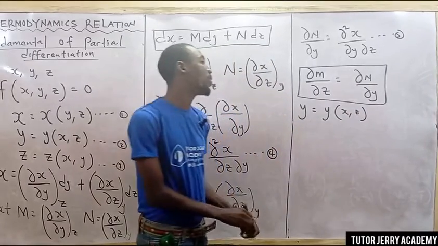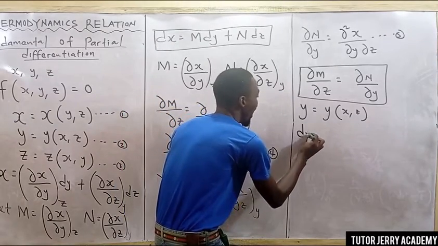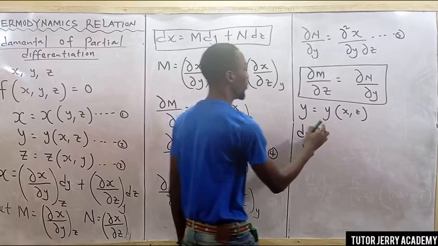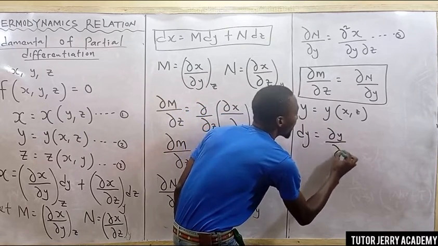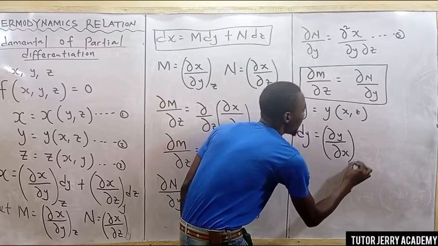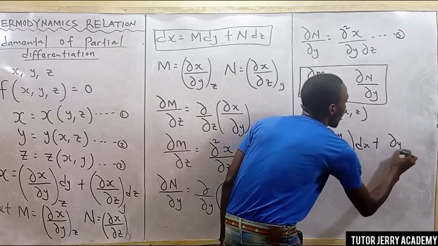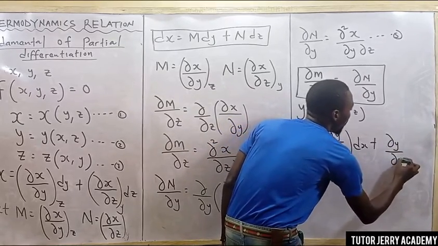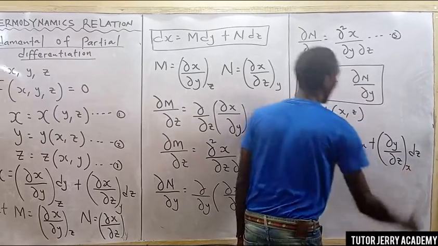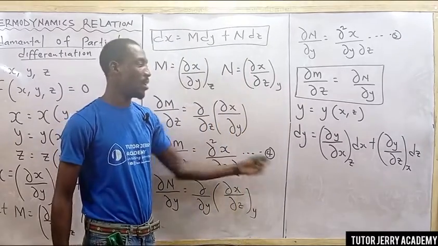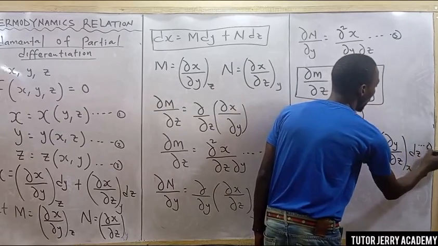So if we differentiate this, we are going to have dy equal to the partial derivative of y with respect to the partial derivative of s, keeping z constant, ds, plus the partial derivative of y with respect to the partial derivative of z, keeping s constant, dz. So this is how we are going to write this. Let's call this equation number 6.